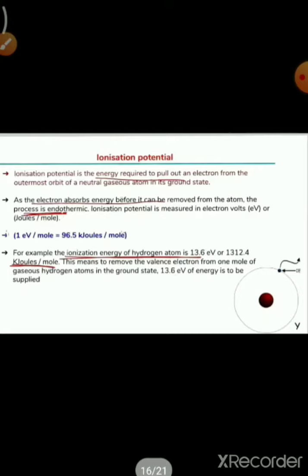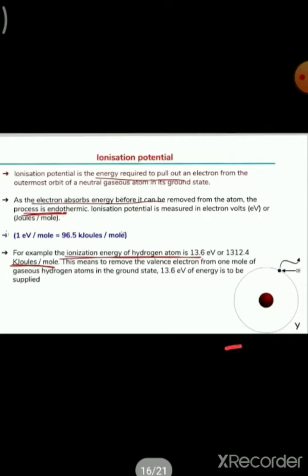So let's start. So ionization potential means what? It is nothing but the energy required to pull out an electron from the outermost orbit of a neutral gaseous atom in its ground state.